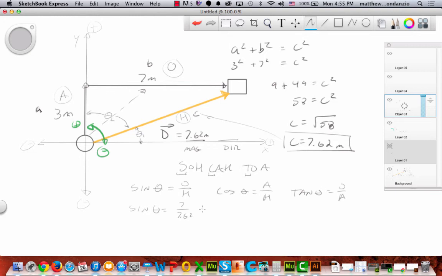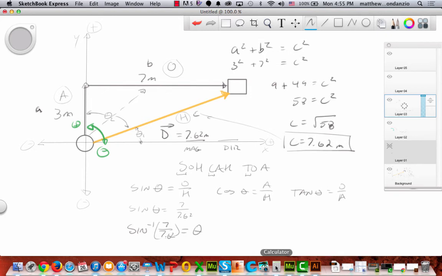In order to figure out theta, we really need to say the inverse sine of 7 over 7.62. Let me erase that and draw that a little cleaner so you can see it. So it's going to be the inverse sine of 7 divided by 7.62, and that's going to give me my theta.